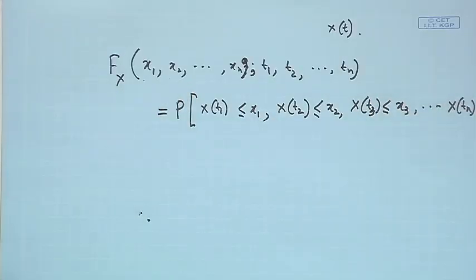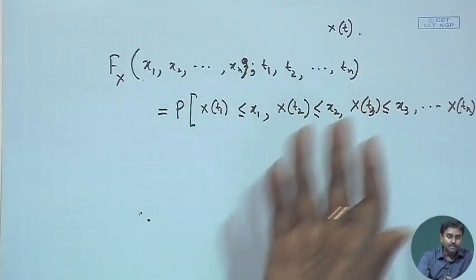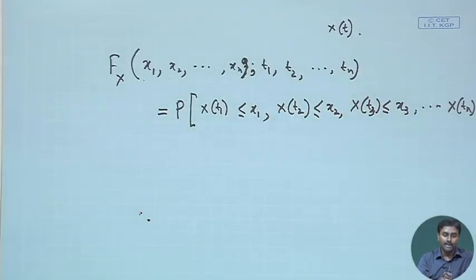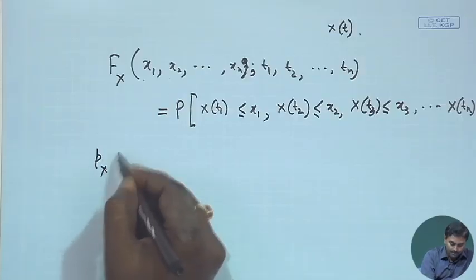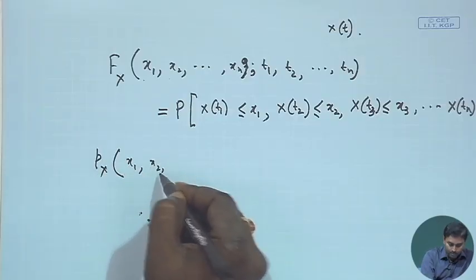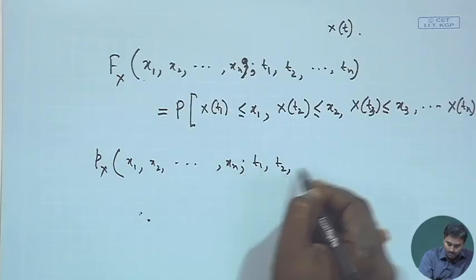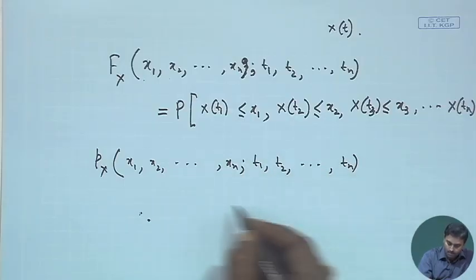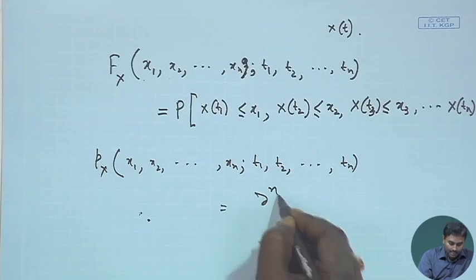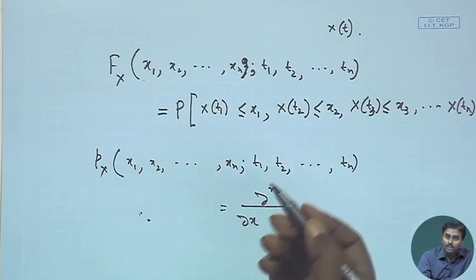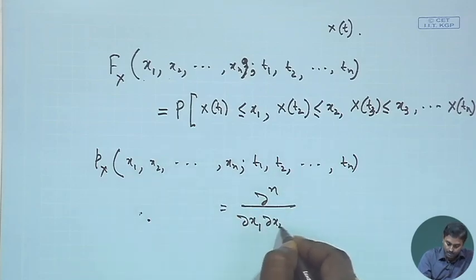That will give you the joint CDF of x1, x2 up to xn, right. And if you just do an nth order differentiation, you will get the PDF. So, the PDF of x1, x2 up to xn should be just nth order differentiation with respect to all these variables, right, dx1, dx2.